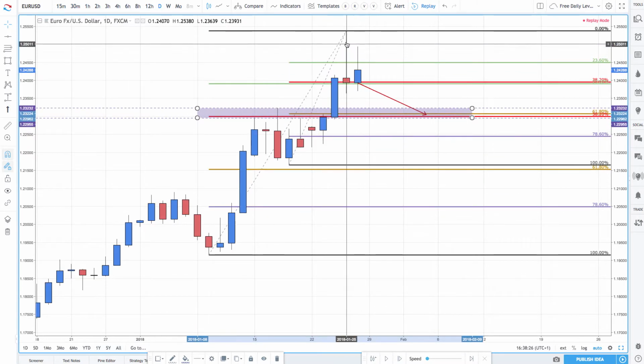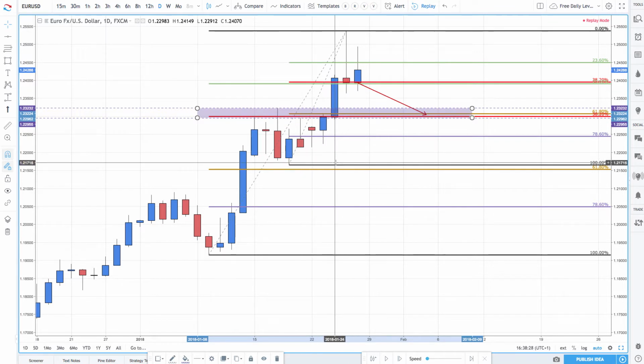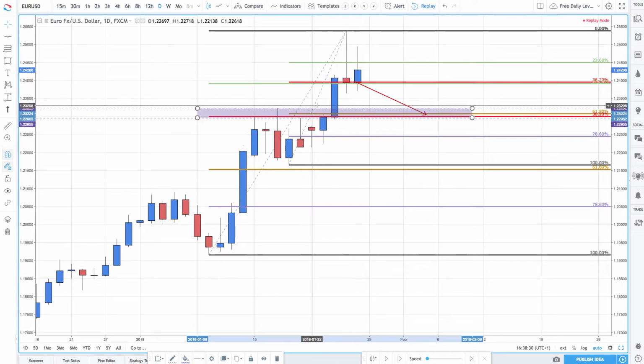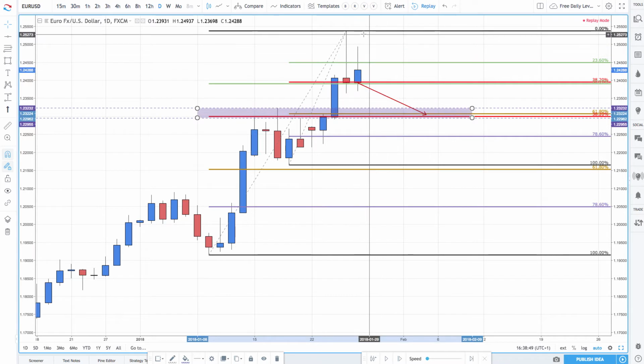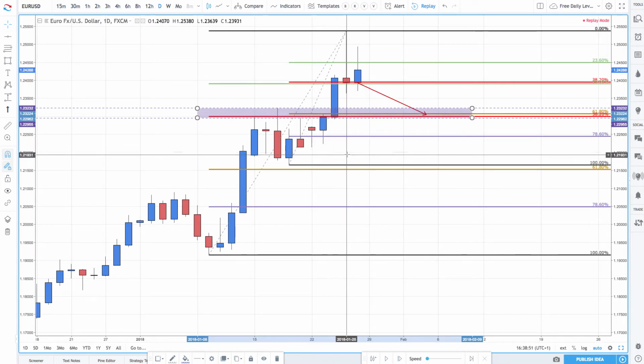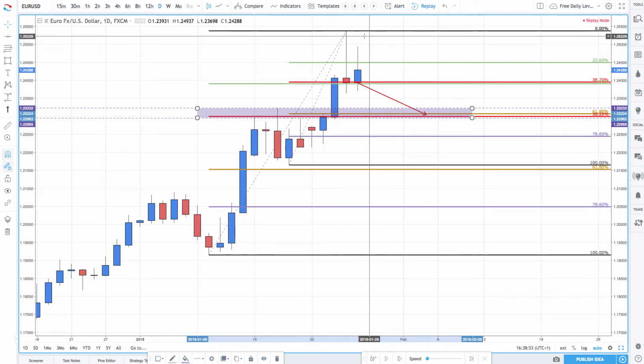Now we know as supply and demand traders that this area, from a low to a high, and in between here, is really just fair value. This swing low to this swing high is what we call fair value, and fair value is basically the 50% level between a low and a high, the high being the expensive level, and this low being the first cheap area.